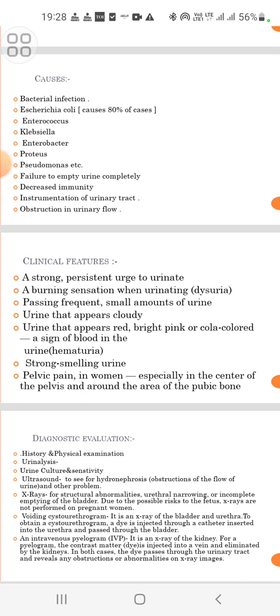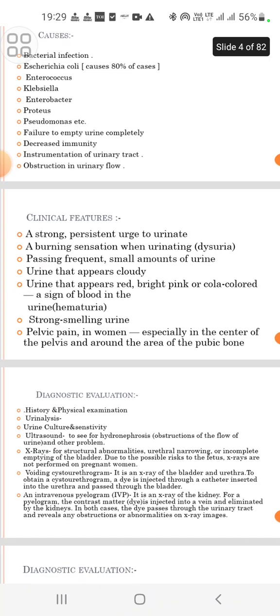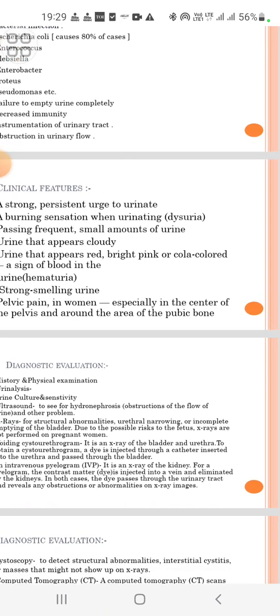But here we are just discussing UTI. As per the urinary tract infection only, I'm telling this, the person will have discomfort. The nature of the pain can be different, it depends on the region the person has UTI.